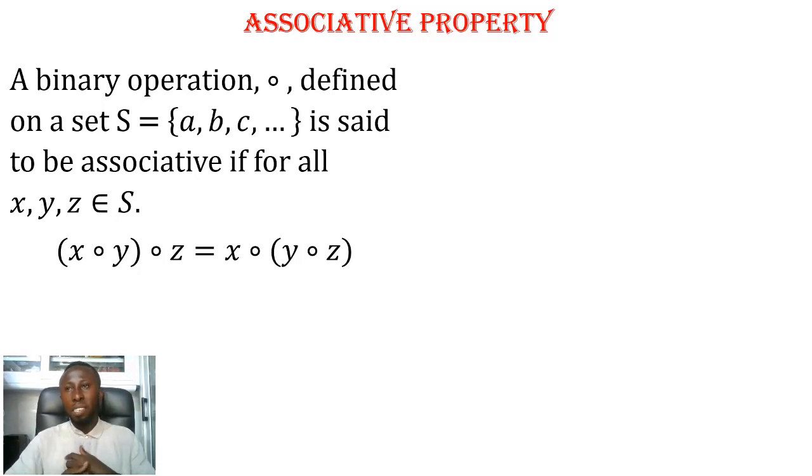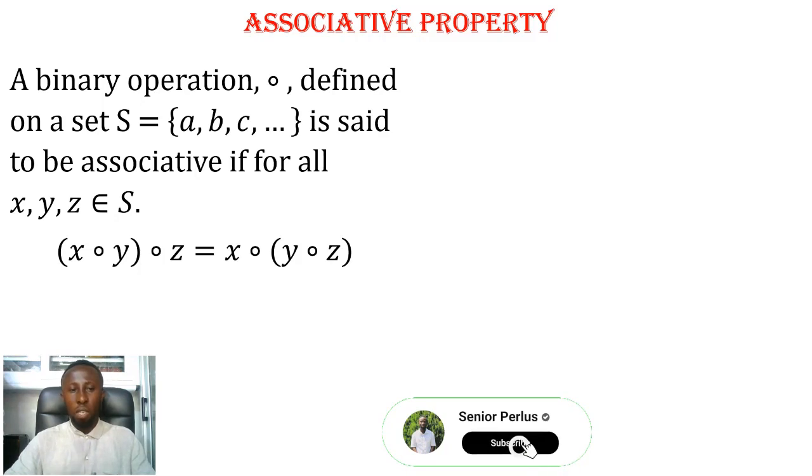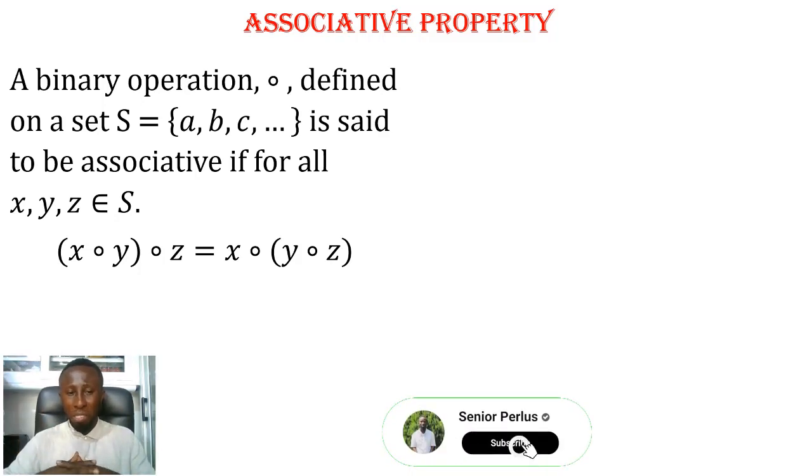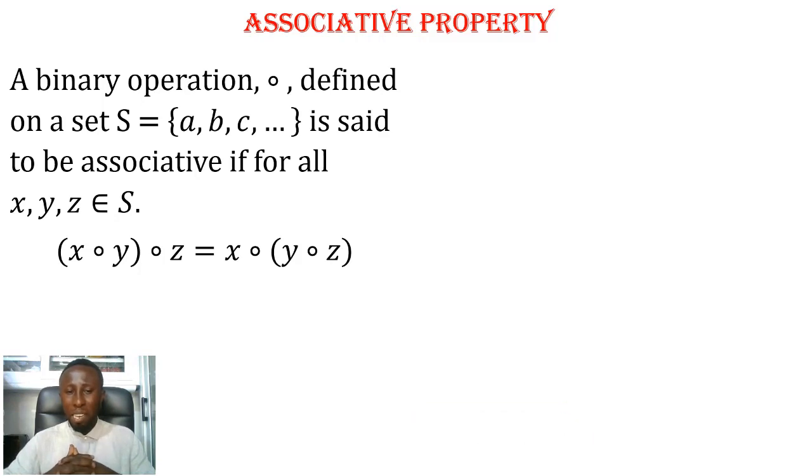Now x, y, z is in the set, which also belongs to the real numbers. Now we are saying that (x operation y) operation z is the same as x operation (y operation z). This is what we are saying.